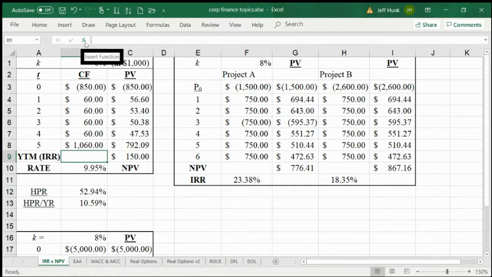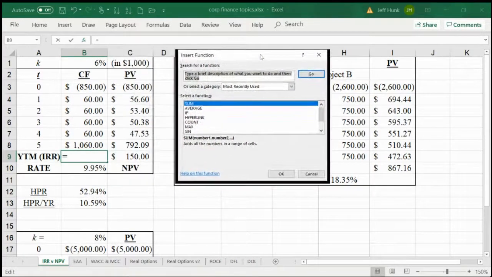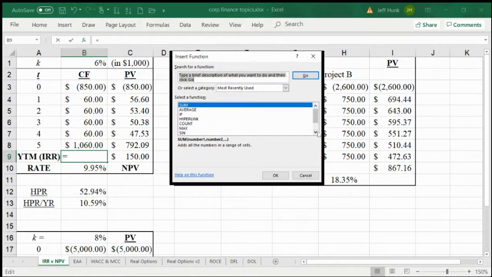So if you go to this function symbol there, that f of x, that's the mathematical symbol for function, meaning function of x. If you click on that, this dialog box opens up, and the most recently used functions are shown first.